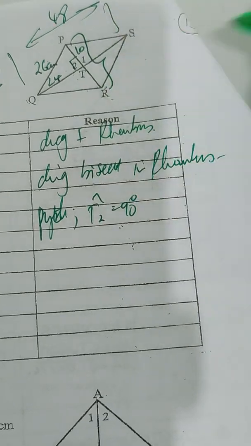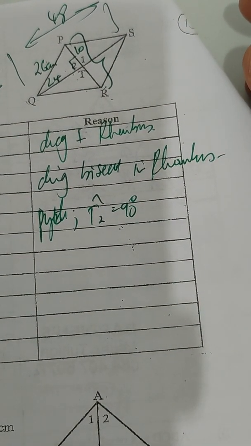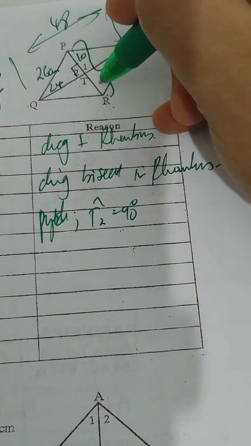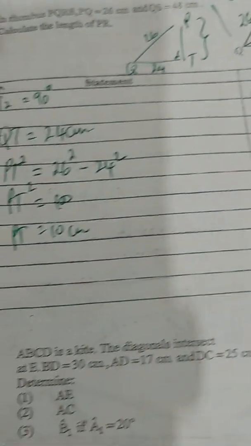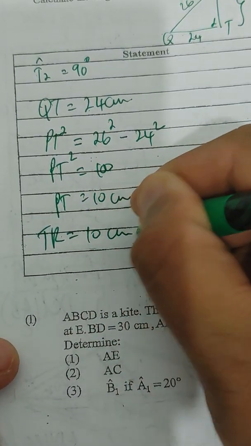Coming back to the question, they want to know PR, the whole length, which is that length there. If that is 10, then TR is also 10. So TR is going to be 10 centimeters. Why?